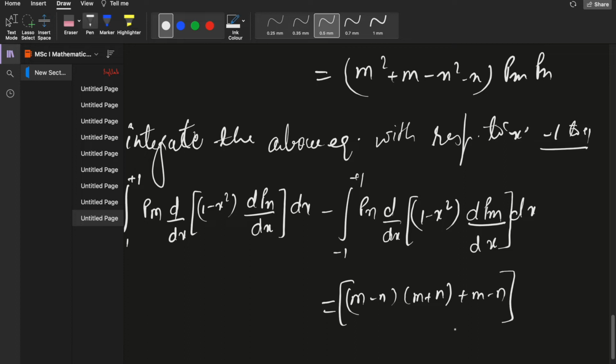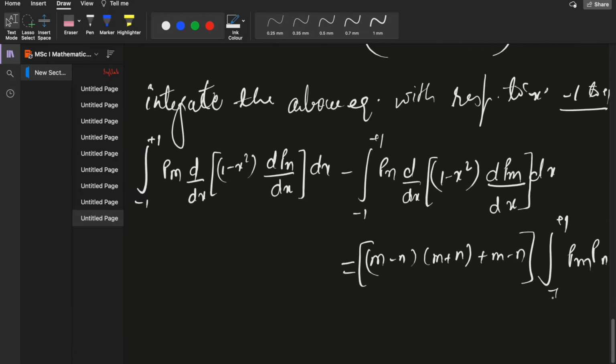Take this in bracket. Good. Integral from minus 1 to plus 1 of P_m and P_n times dx. Why? Because P_m and P_n are functions of x.